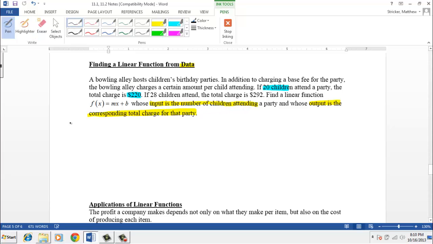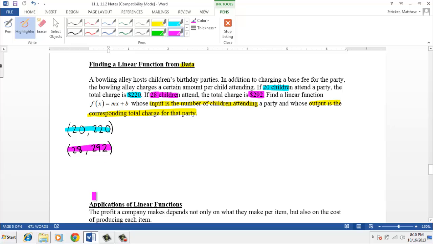So first of all, we have that if 20 children attend, our output cost is $220. That's our first scenario. Our second scenario is that if we have 28 children in attendance, the cost is $292. That's right here. If 28 children attend, the cost is $292.